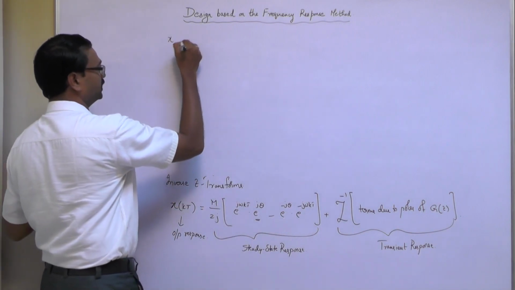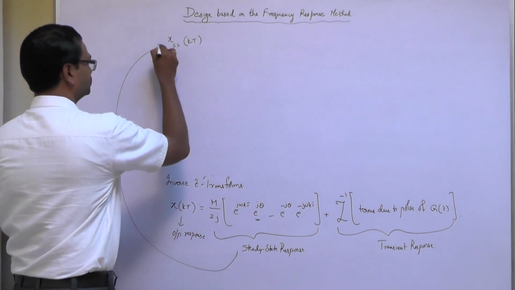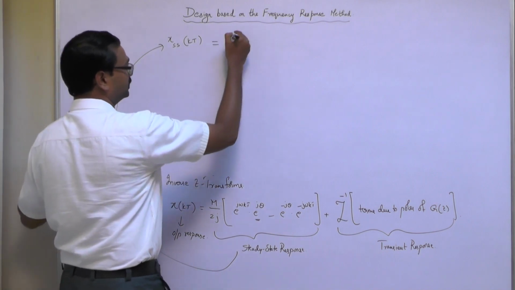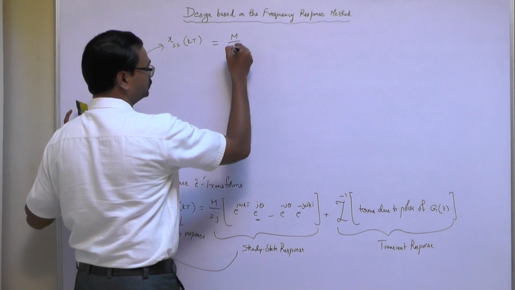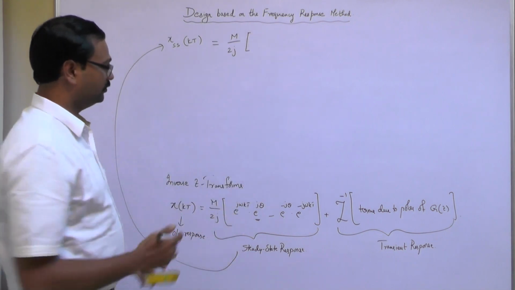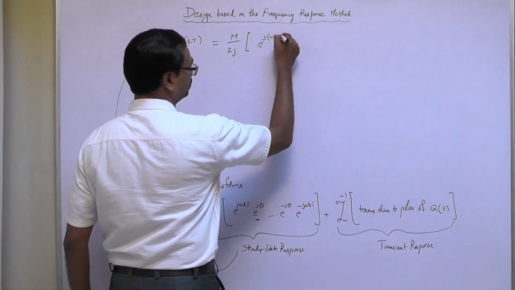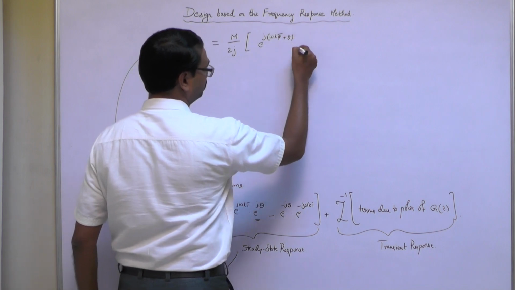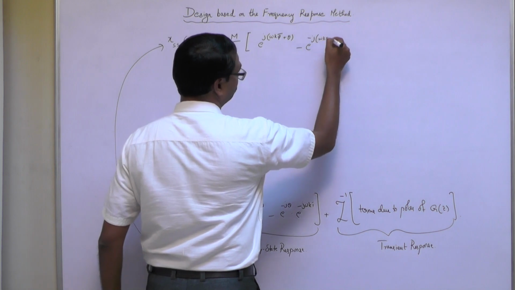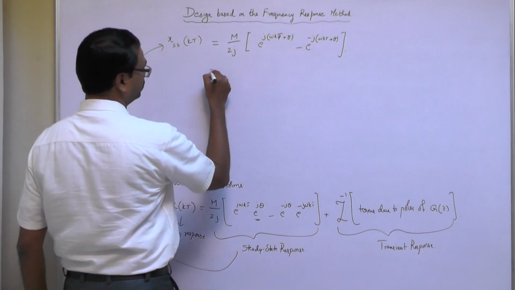We only discuss x_ss(kT), which is the steady state response. You can discuss this x_ss(kT), which is nothing but M by 2j into e^(j(ωkT+θ)) minus e^(−j(ωkT+θ)). So what do we get here?